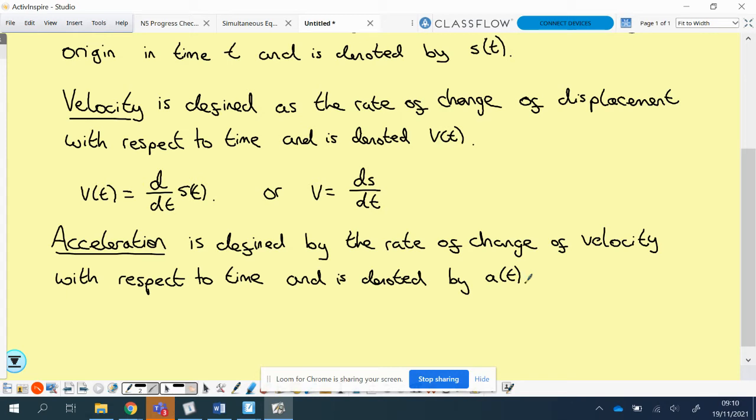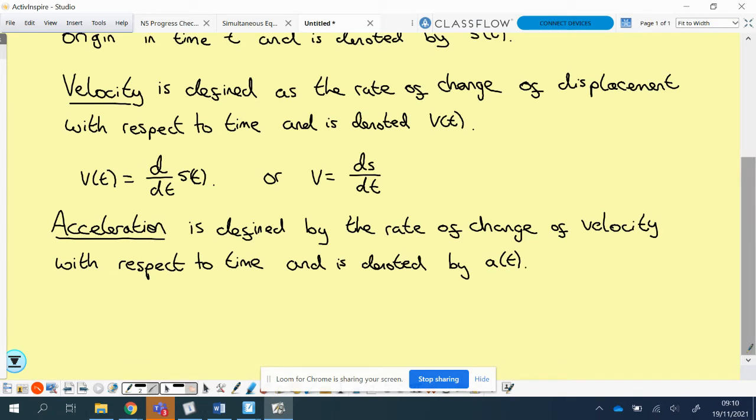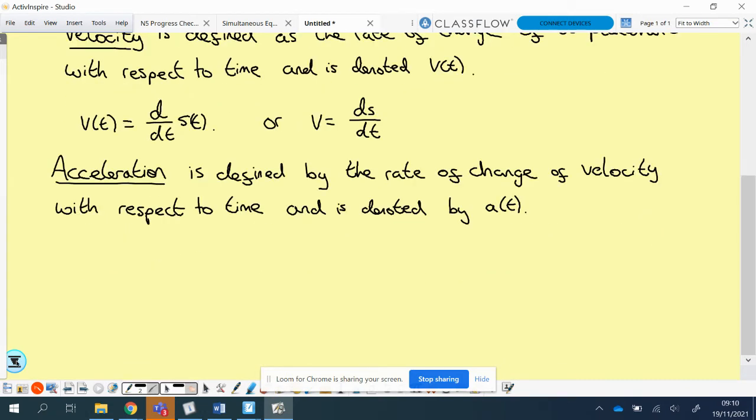Okay, so acceleration, use the letter a for it. Okay, so if we know that is the rate of change of velocity, then again a of t can be written as d by dt of our velocity function v of t, or simply a would be dv by dt, okay.